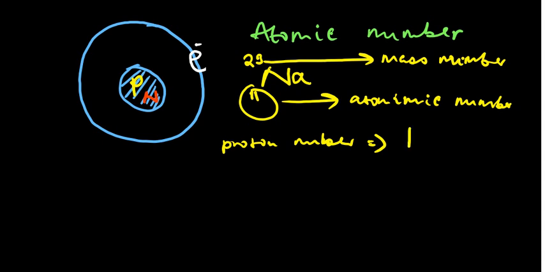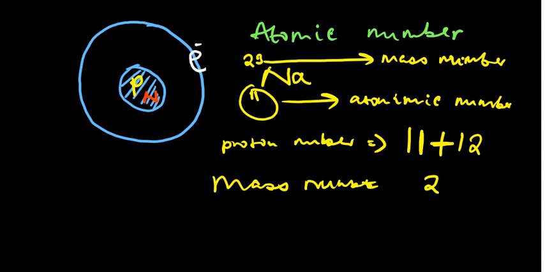So we add the proton number, which is 11, plus the number of neutrons, which is 12, to give us the mass number, which is 23. This is to tell you that when we add the number of protons plus the number of neutrons, they give us the mass number. That's exactly how we're going to find this.